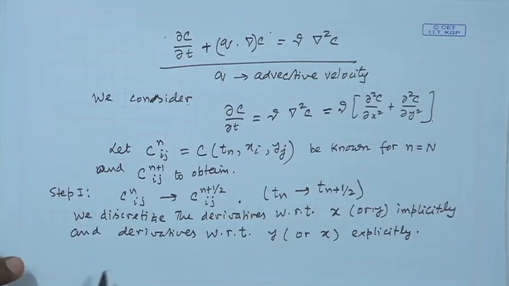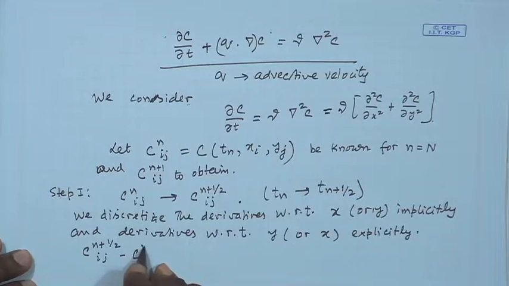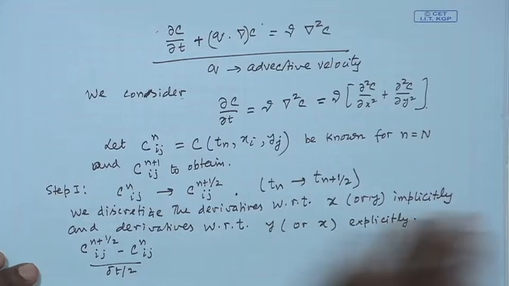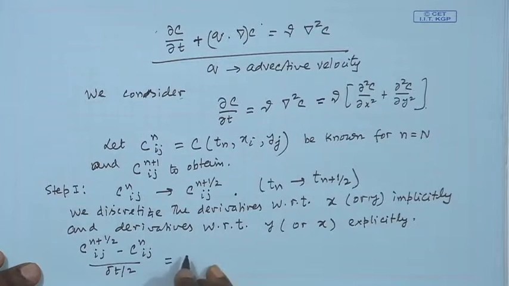So, what basically we are doing is very simple: c n plus half i j minus c n i j, since it is a half time step, delta t by 2, equal to nu times the x derivative implicitly.